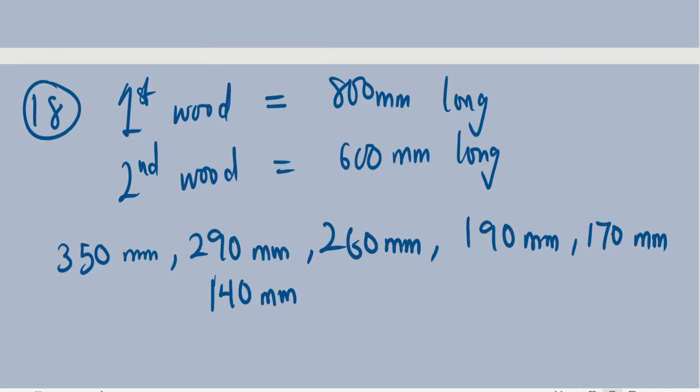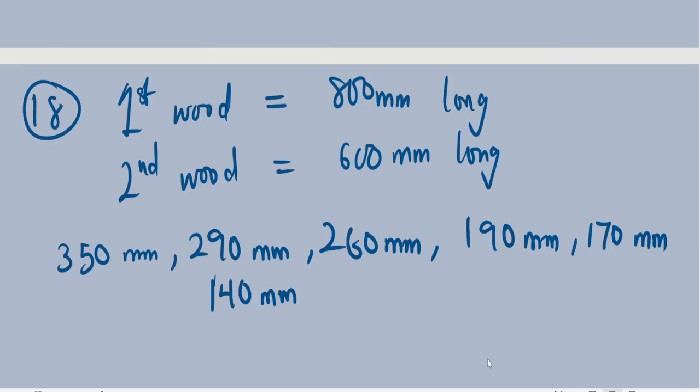So look closely into the question. Which one will give you 800, and which one will give you 600? If you look at the question closely, you will discover something.